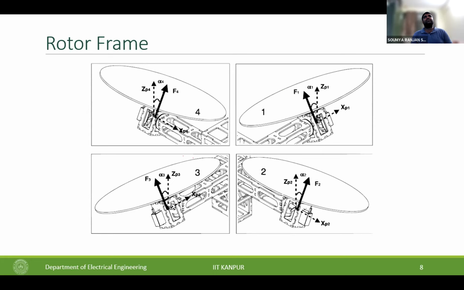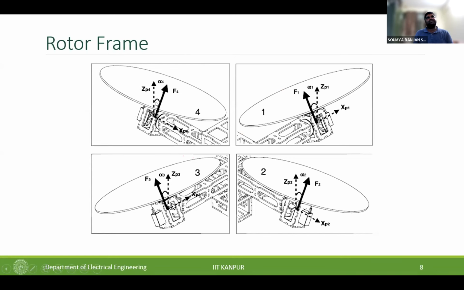So this is an individual layout of the 4 mounts. This was a preliminary CAD drawing that we had for one of the quads that was built around a wooden frame. This was the servo mechanism that was used. This is the rotor plane. With this motion of the servo, the rotor plane can tilt.